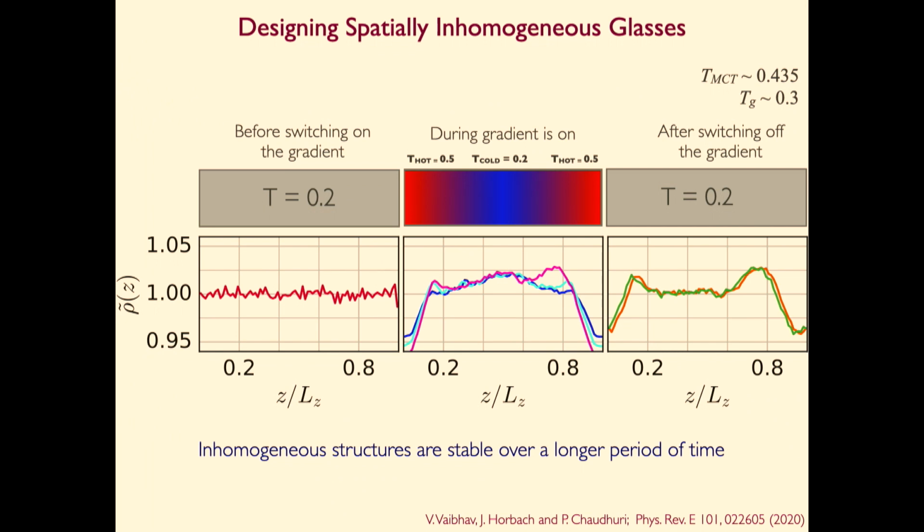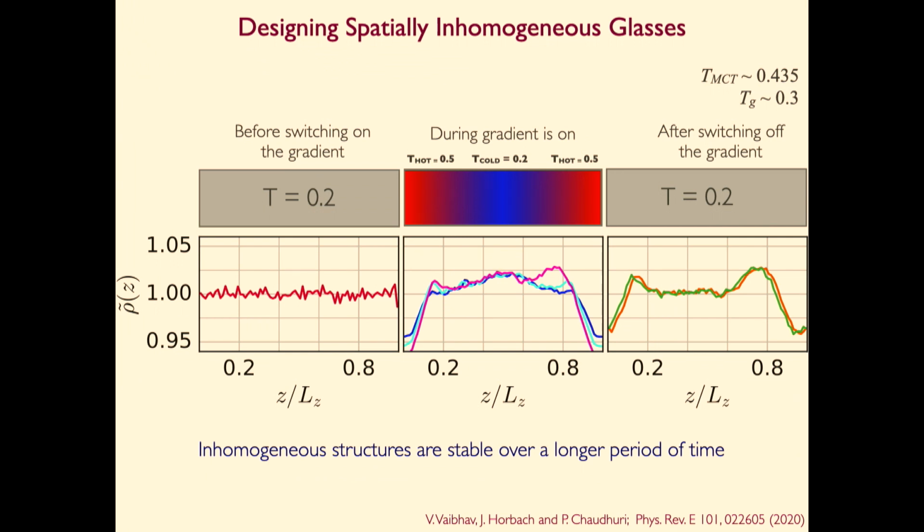Before switching on the gradient, we switch on the gradient by having the same temperature in the middle and here a slightly higher temperature, and you see that density decreases here and density is roughly the same here, not too much variation, but because of the decrease and roughly the same here, in between there is a hump kind of thing. Depending on the time for which you keep the gradient on, your density profile keeps evolving with time. So you start from the blue one, you go to this one, and then you ultimately reach this one, and if you keep this gradient on, this profile will keep emerging.